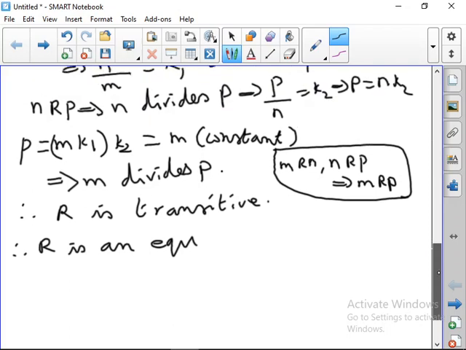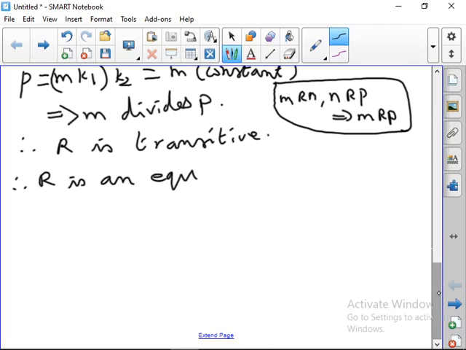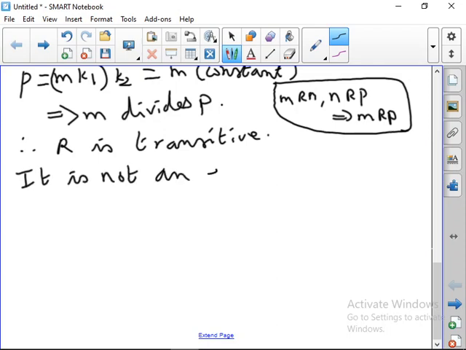Okay, it is not symmetric, isn't it? Then can we say it is an equivalence relation? We cannot say that it is an equivalence relation. Therefore, it is not an equivalence relation.